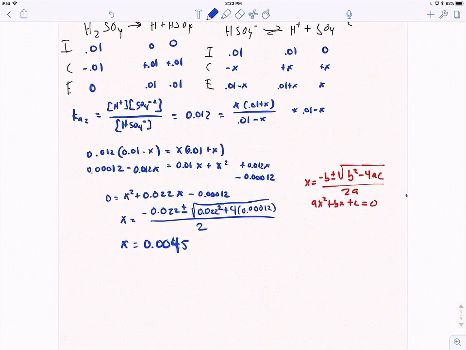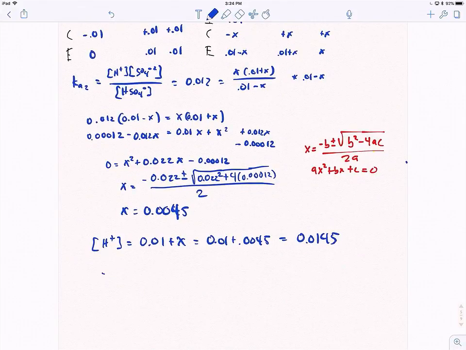And so we want pH, so the hydrogen ion concentration is 0.01 plus x, equals 0.01 plus 0.0045, equals 0.0145.